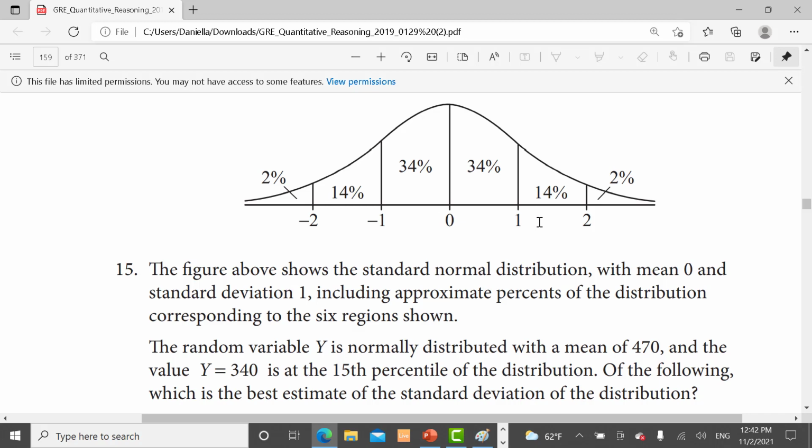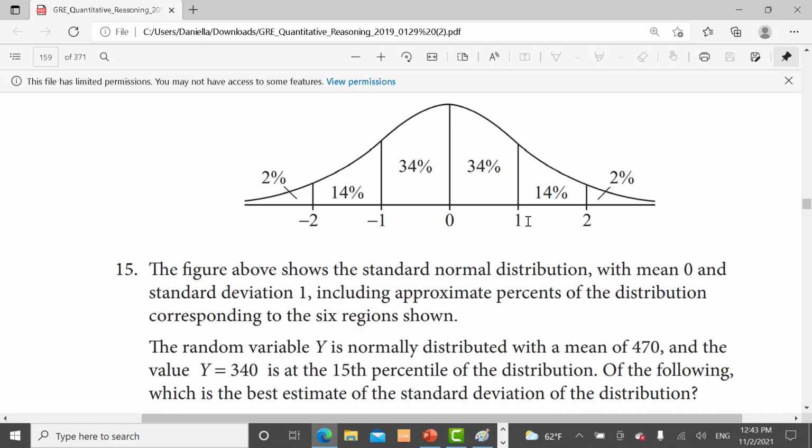By the empirical rule, we know that 68% of the population falls within the first standard deviation, and then 96% is within two standard deviations.